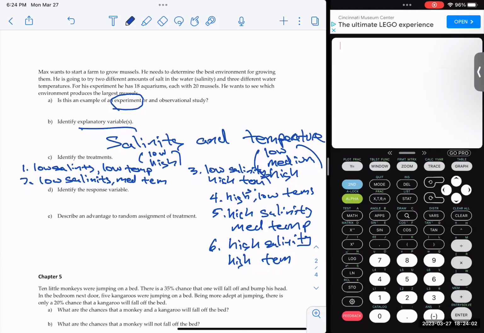Yeah. So what could we do that way? Shelby, right? Well, if we have 18 and we're trying to divide it into six things, right? So what would be the absolutely, each treatment is over three aquariums, right?